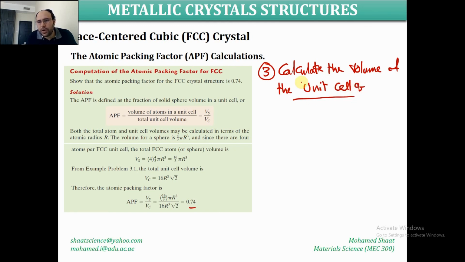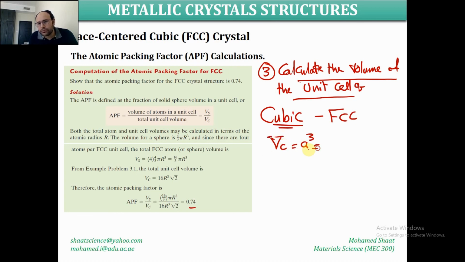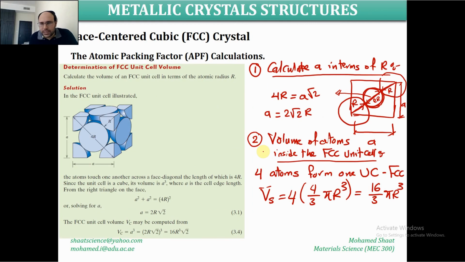I don't care about how many atoms or their distribution inside this unit cell, but I'm just calculating the volume of the unit cell itself. The unit cell is cubic. So for any cube, since we are talking about the FCC crystal structure, the volume of the unit cell should equal a cubed. Why? Because its side edge is a, so a cubed gives us the volume.